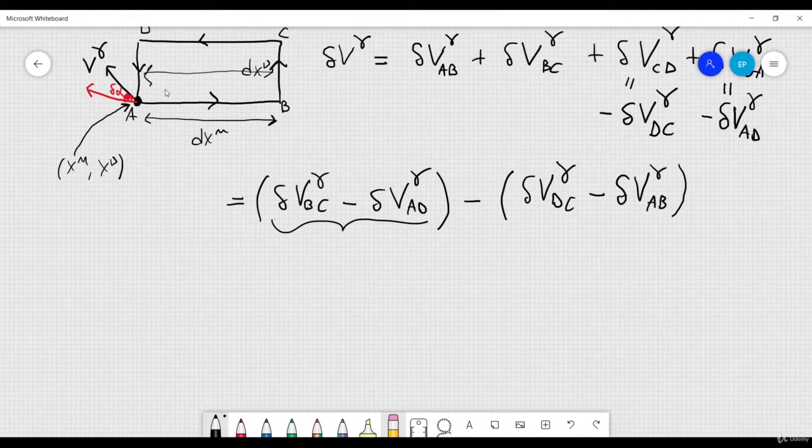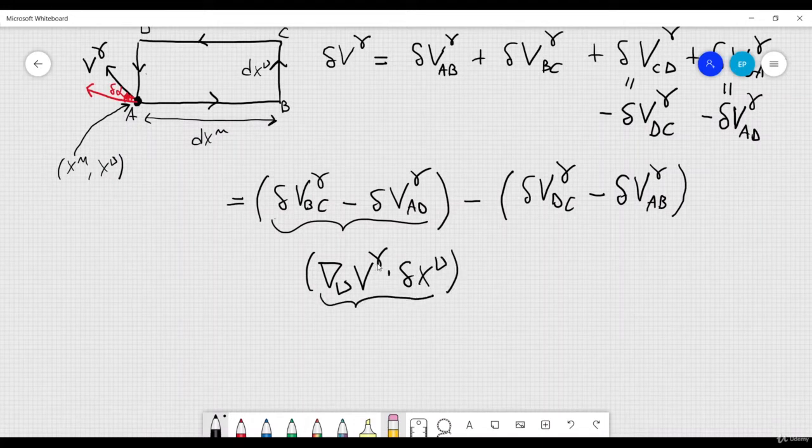So first we change x^ν and then we change x^μ. So it's as if we are considering first the covariant derivative along ν of v^γ times the change δx^ν. So this is like some kind of change of the vector v^γ along the coordinate x^ν. But then we also have to consider the change along μ.